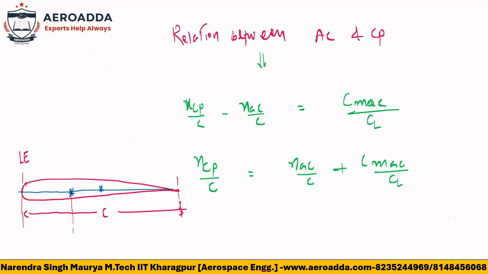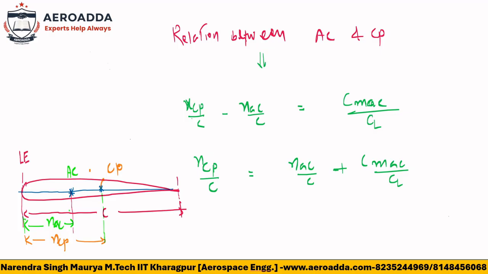This length is nothing but XAC, and up to here is the aerodynamic center. And here this length should be XCP, because XCP is nothing but aerodynamic center plus some distance. So this is the location of the center of pressure.